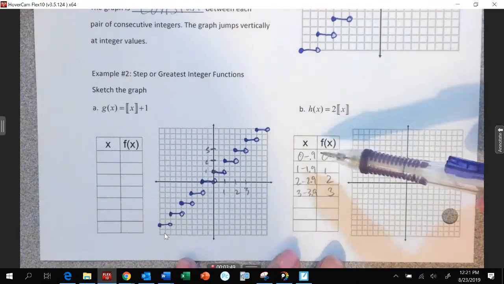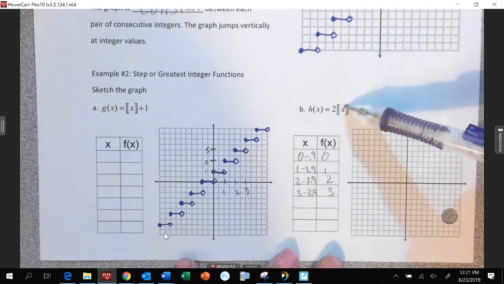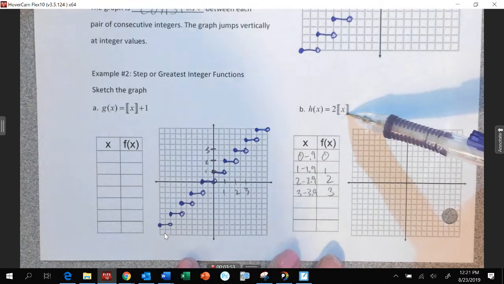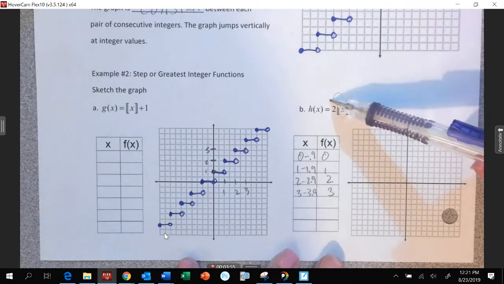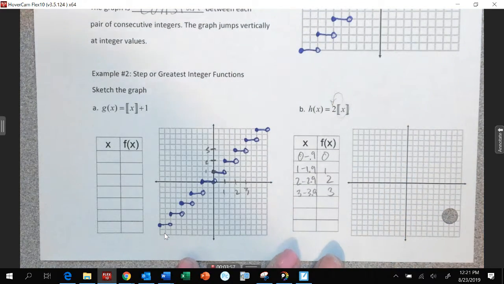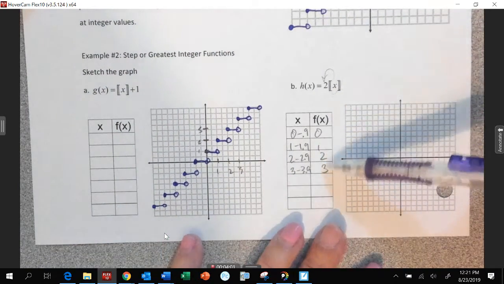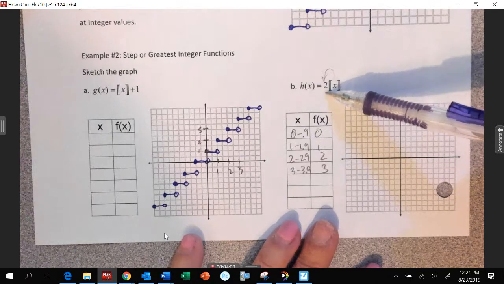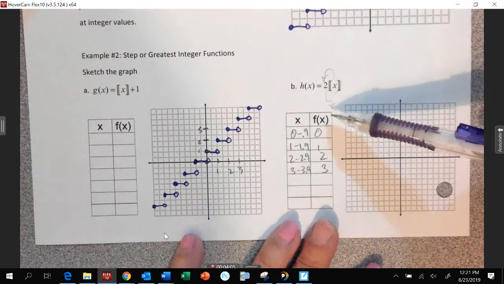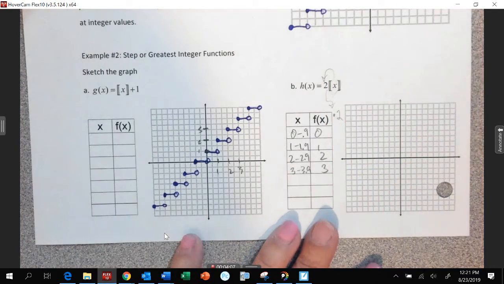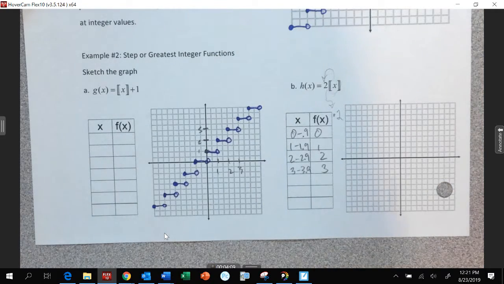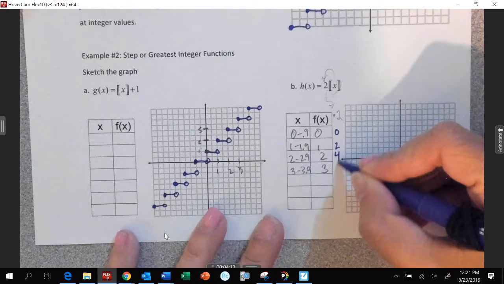So if I use just the greatest integer function for x, after that I would multiply all those answers by 2. So once I got the f of x answer, the 0, the 1, the 2, the 3, once I got those integers, then I'm going to take all those integers and multiply them by 2. So I'm going to get 0, 2, 4, 6.